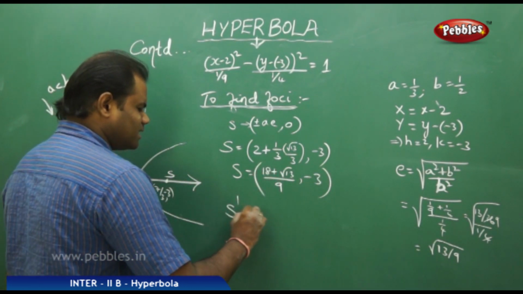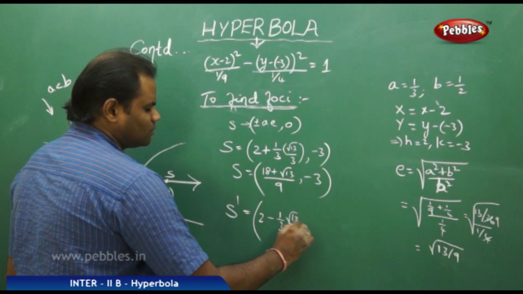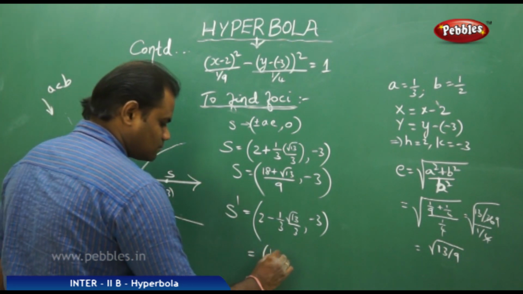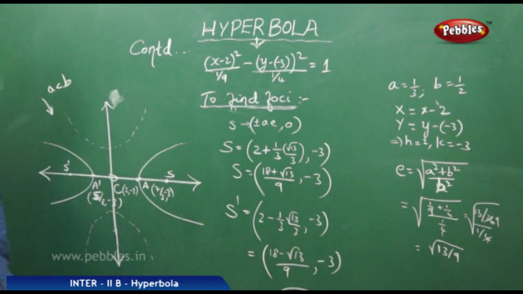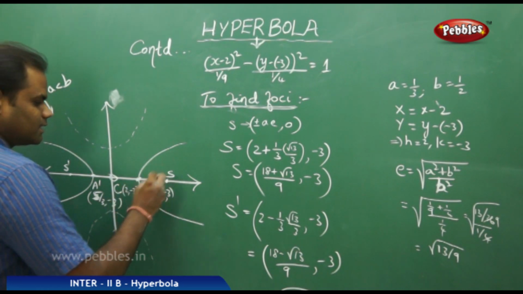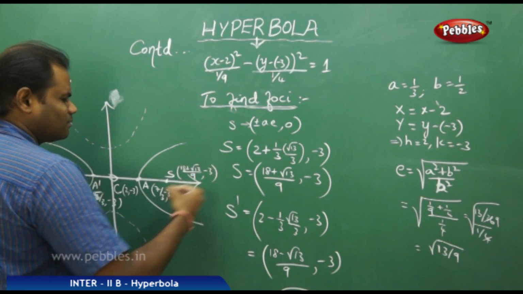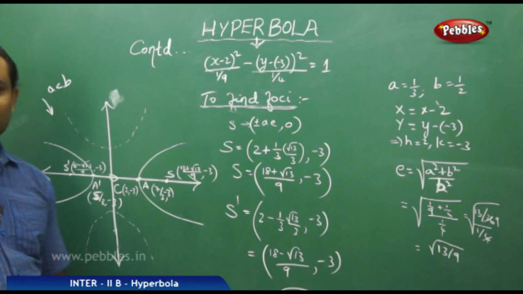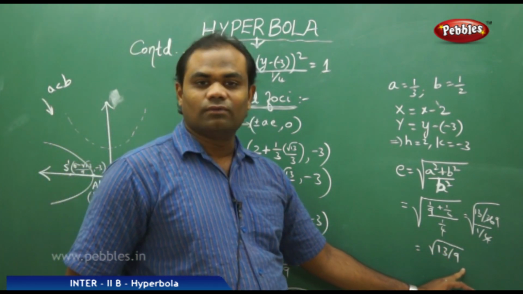Similarly, my other focus S dash is given by 2 minus 1 by 3 root 13 by 3 and minus 3, which on simplification gives the foci S and S dash, that is S given by 18 plus root 13 by 9 and minus 3, and S dash given by 18 minus root 13 by 9 and minus 3, with eccentricity as root 13 over 3.